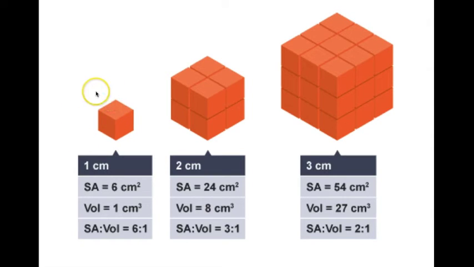There's not a lot of this organism that doesn't get exposed to the outside. Whereas this organism, there's a lot of it that doesn't get exposed to the outside. So it's got a low surface area to volume ratio, whereas this one has a high surface area to volume ratio.